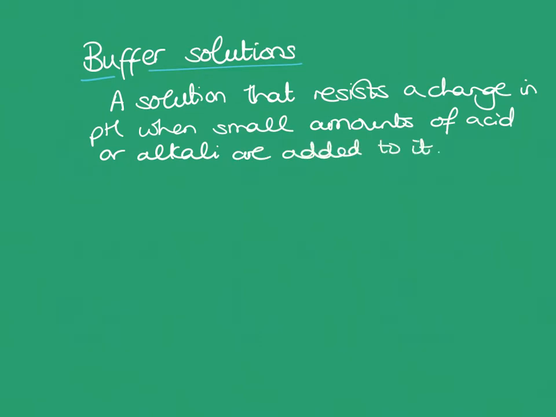So in biology, you might have come across buffers if you're doing an enzyme experiment and you're trying to keep it at the same pH, and maybe you've come across the word in chemistry as well.